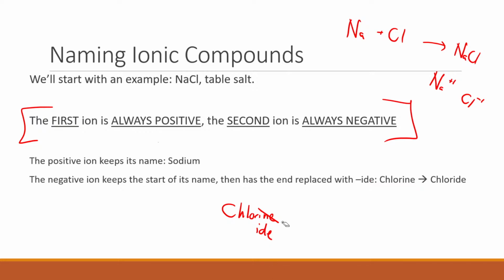And when we put those pieces together, we get sodium chloride. And we know that this now, with the changed ending, is referring to the combination, the compound made from sodium and chlorine, and not sodium and chlorine apart.